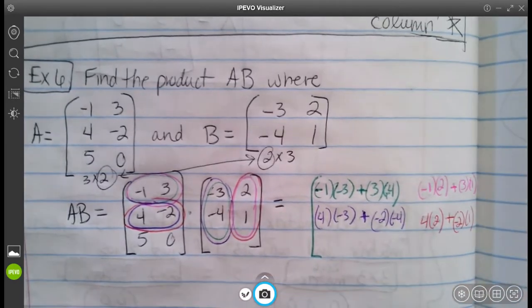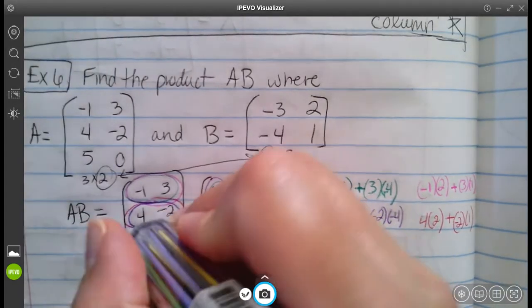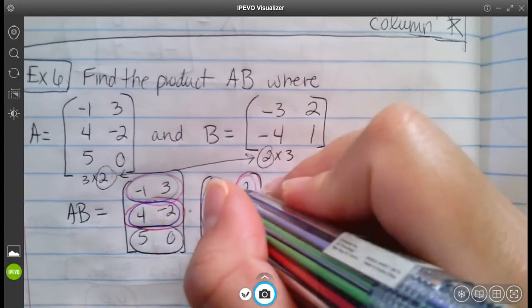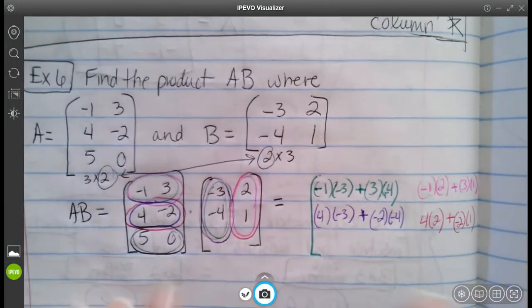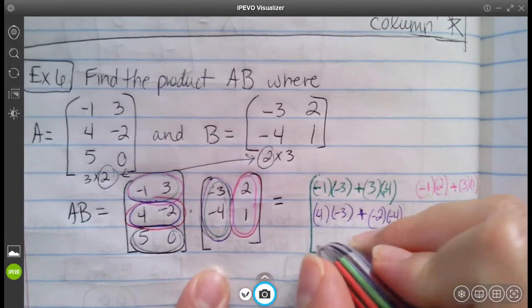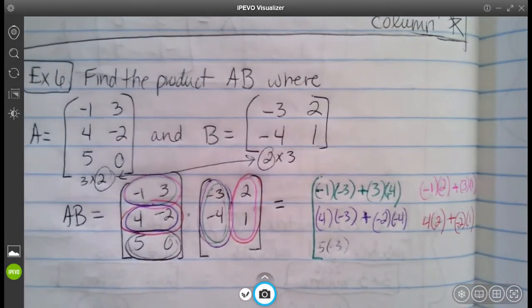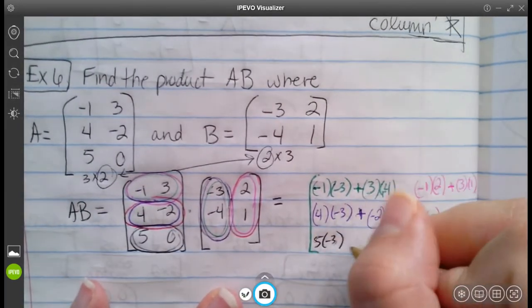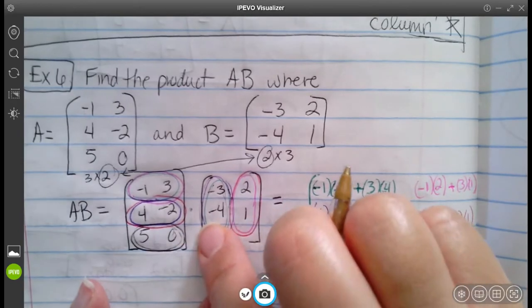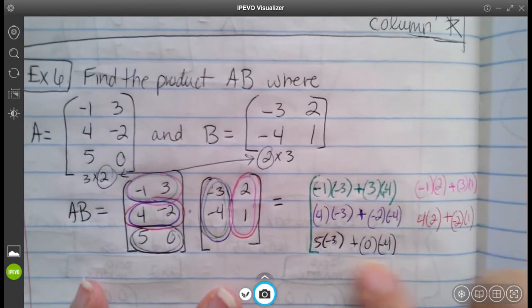And last but not least, we have our third row, column 1. So 5 times negative 3. Well, I'm sorry, I remember that ink was giving out. So 5 times negative 3 plus 0 times negative 4. And that's this entry. Remember, each of these is an entry.